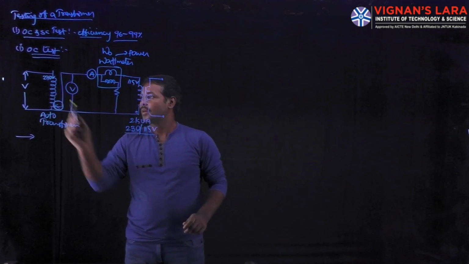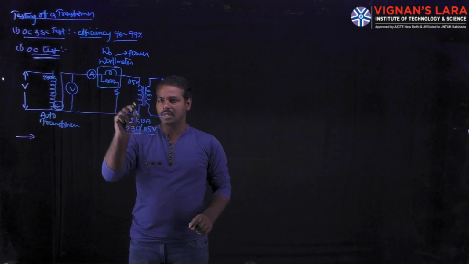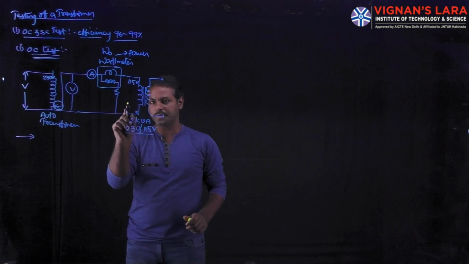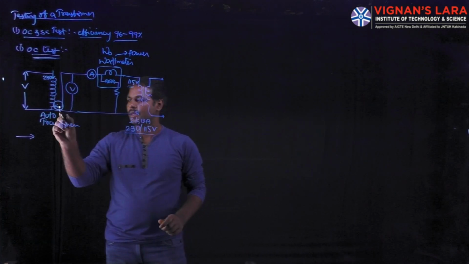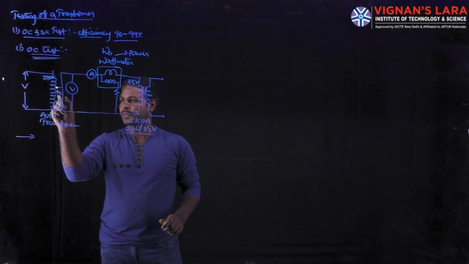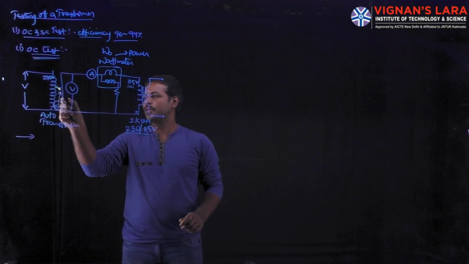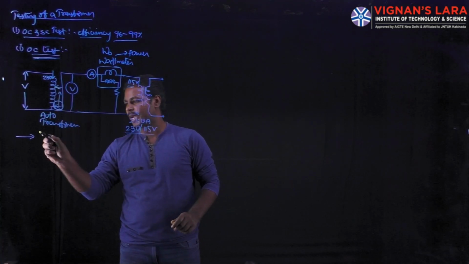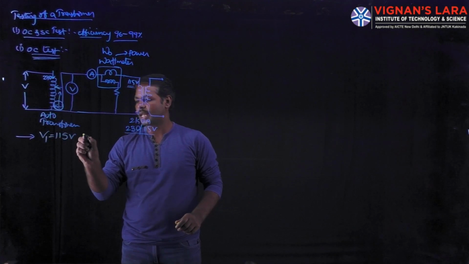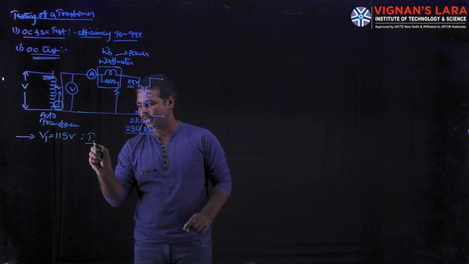In the open circuit test, the test is always conducted on the LV side, that means 115 volts, by varying the auto transformer from 0 to 115 volts. The corresponding voltage is measured by V1, equal to 115 volts. The corresponding current drawn from the supply is denoted by I0.